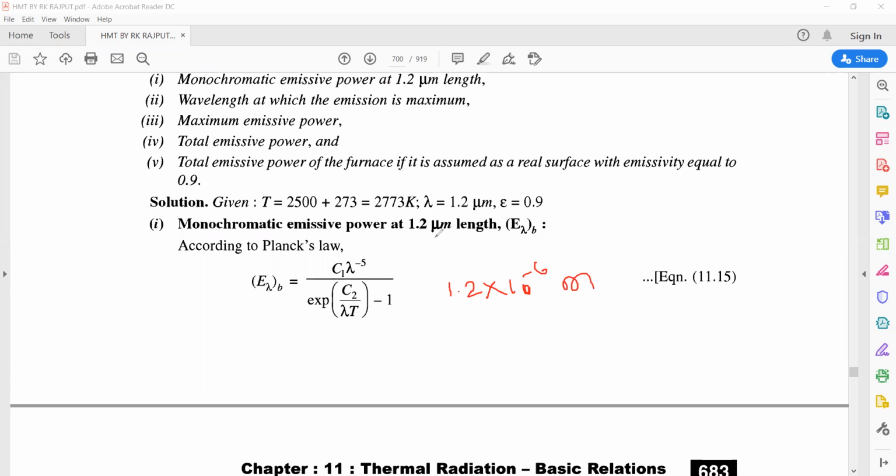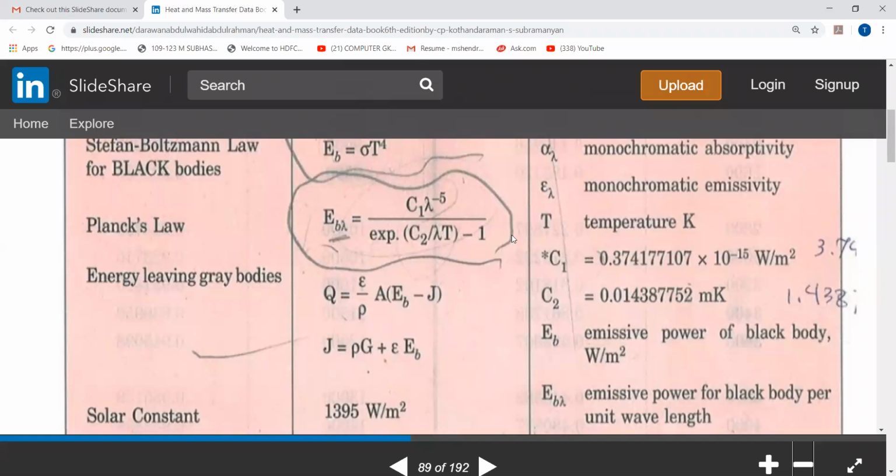Because C1 and C2 are all in meters, as you have seen in the data handbook. If you want, I'll show the data handbook once again, and you can take its screenshot. C1 and C2 are in meters, so that's why lambda should also be in meters. Just multiply by 10 to the power minus 6 and you will get it in meters. Okay, I hope this is clear.